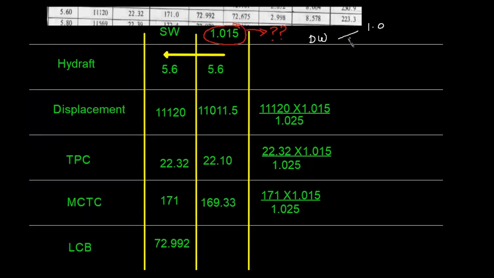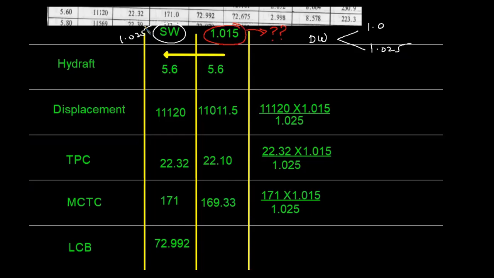Anything fluctuating between relative density 1 and 1.025 is dock water. What is given in your booklet, Hydrostatic? It's 1.025, that is salt water. So we need to convert.